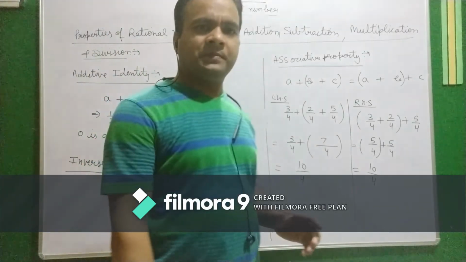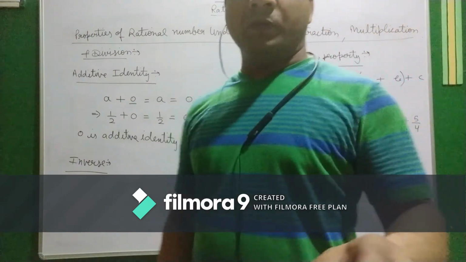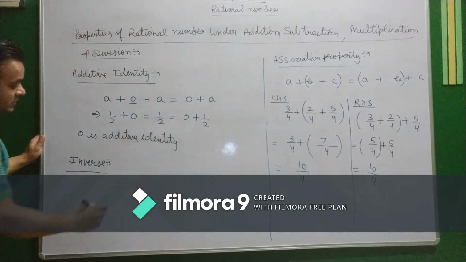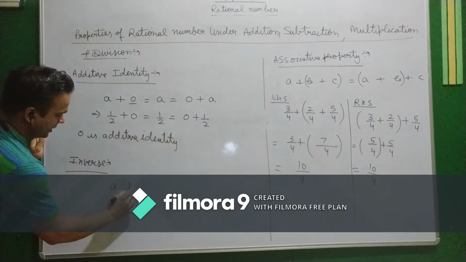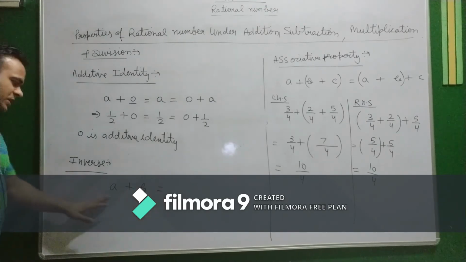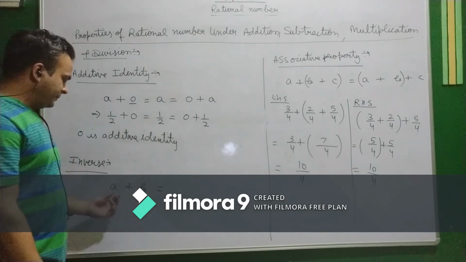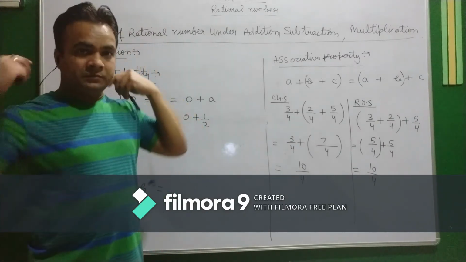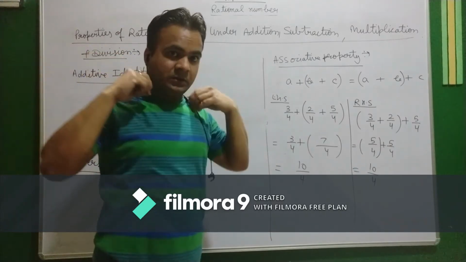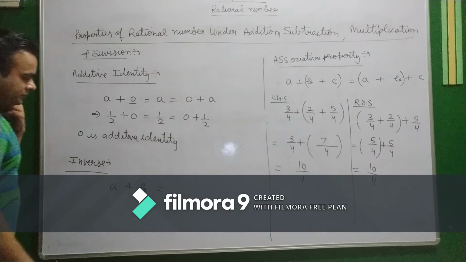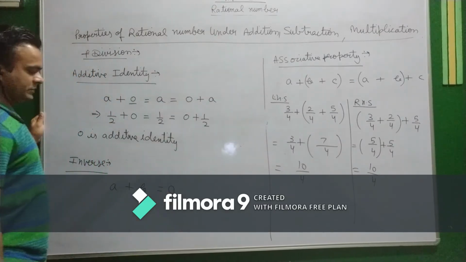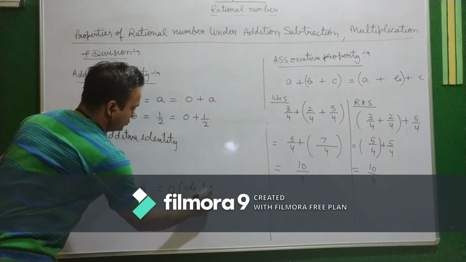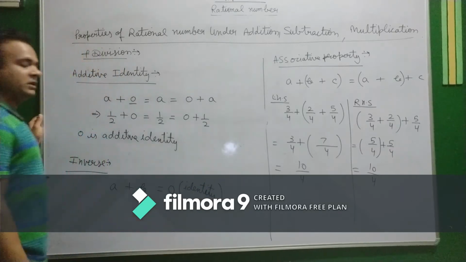It is just the opposite actually. Why is it opposite? Suppose I say a plus b. What do you mean by a and b? Both are rational numbers, definitely. a is one rational number, b is the second rational number. And we are getting 0. What is 0? Identity.